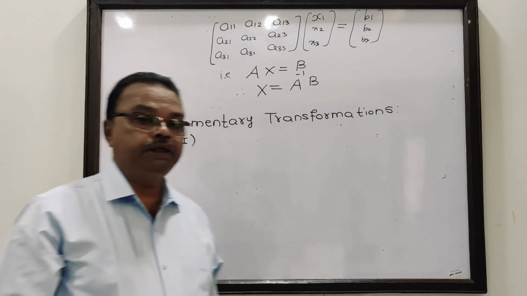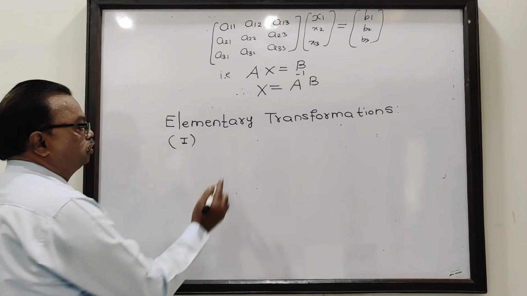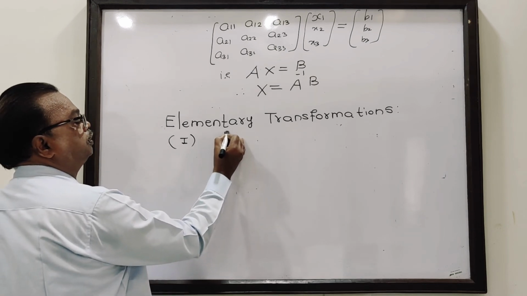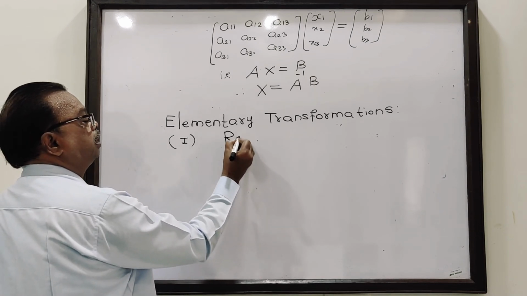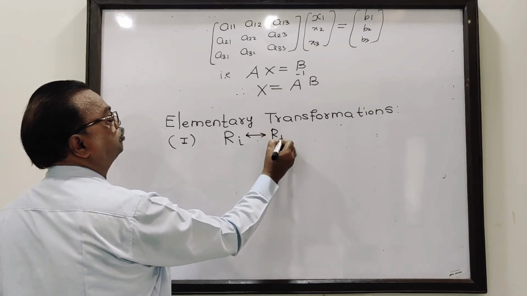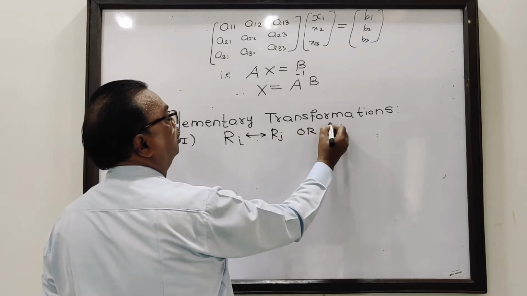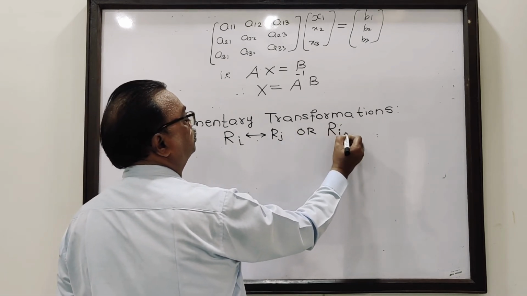First one: interchange of elements of the ith row with elements of the jth row. Symbolically it is denoted by Ri arrow Rj, or R suffix ij.